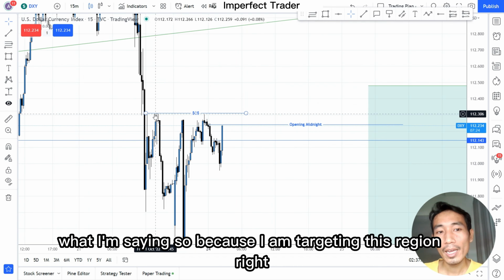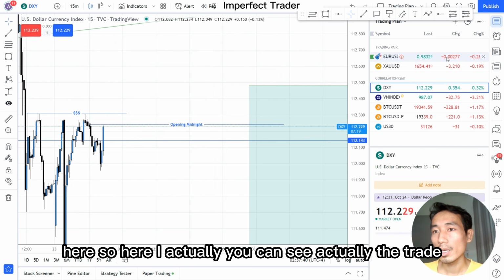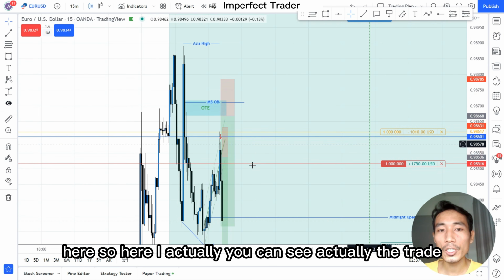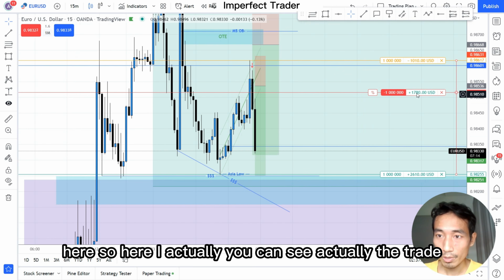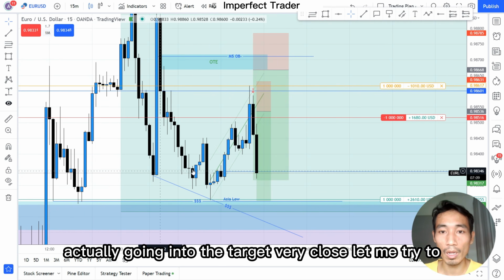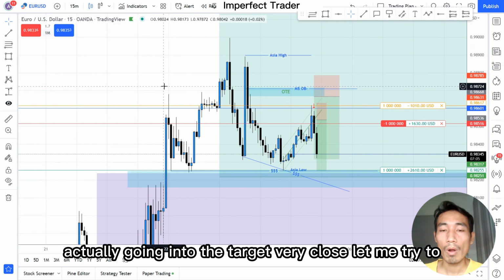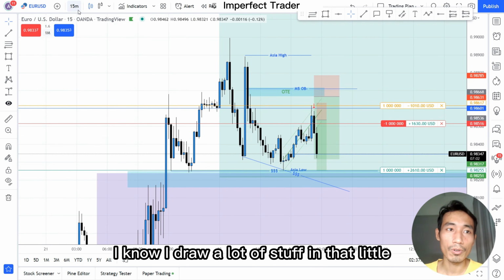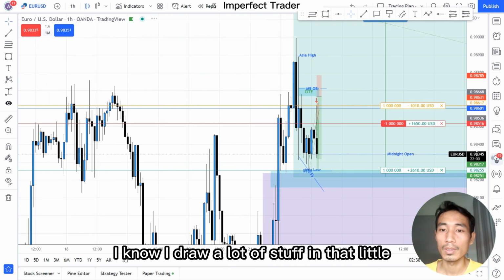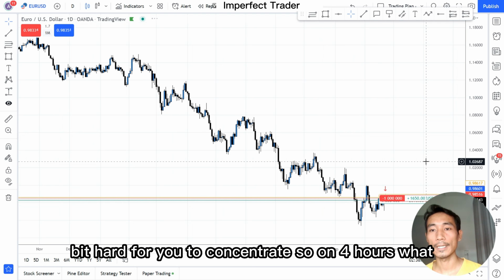Because I am targeting this region right here, you can see the trade actually going into the target very close. I know I draw a lot of stuff. It might be a little bit hard for you to concentrate.